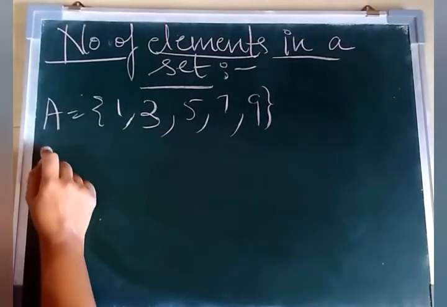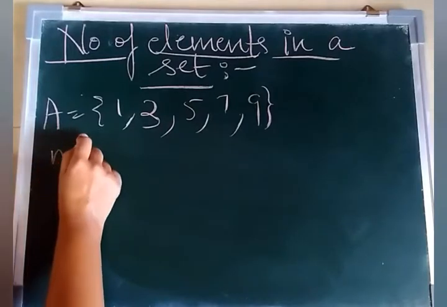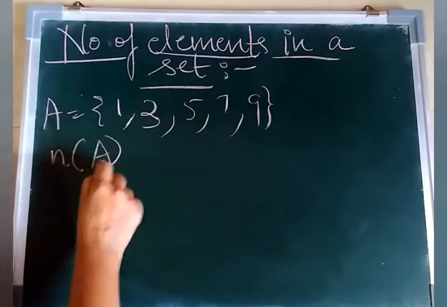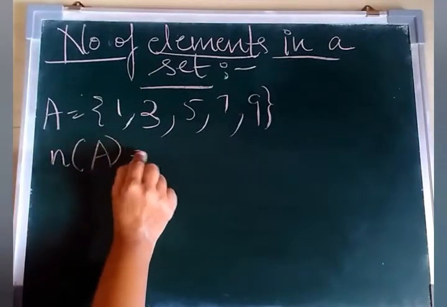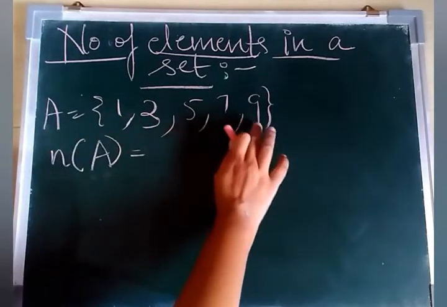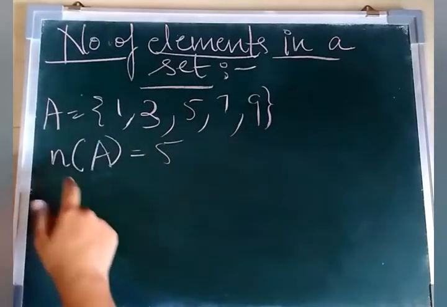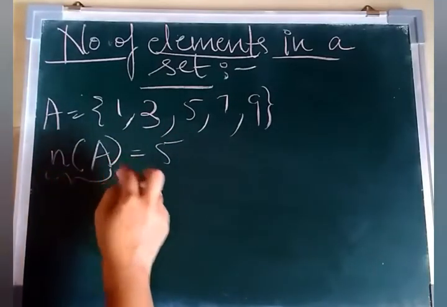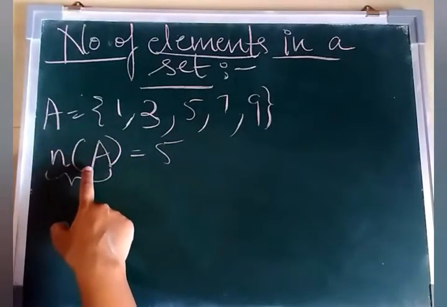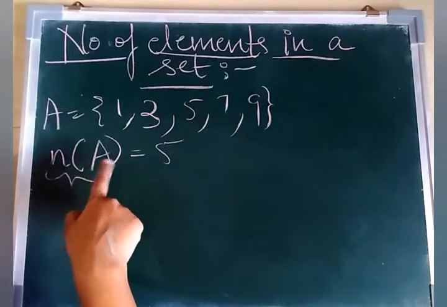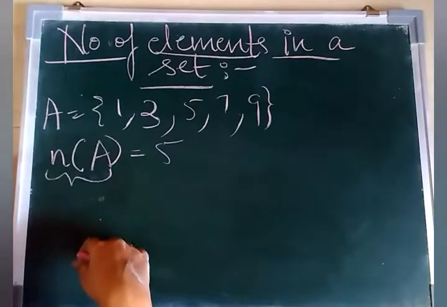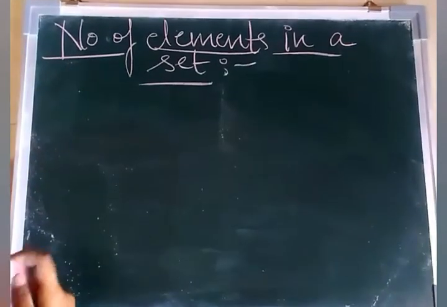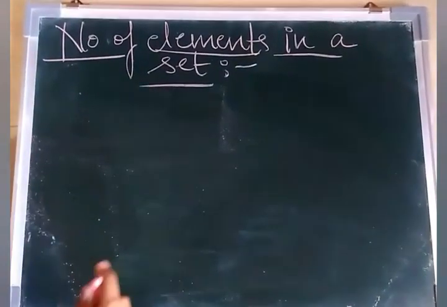We will denote it using n of A. Small n of A means the number of elements in set A, which is 1, 2, 3, 4, 5. So n of A is 5. This is the notation that we will use to denote the number of elements of a particular set, and then we write just the number.